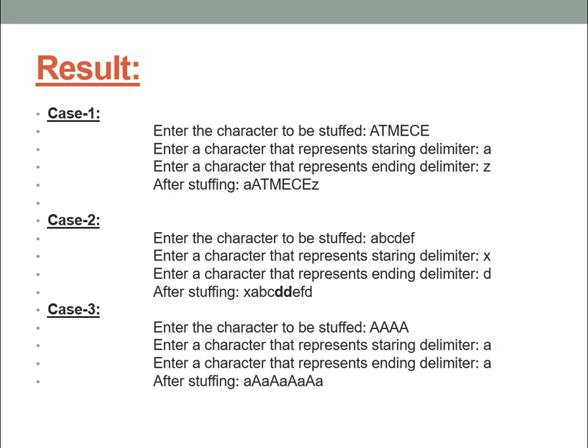So I first take a starting delimiter and concatenate it with the starting data, that is A. And again when I check this A and this A, both A are common, so I add the A. Similarly again A, again A, and finally it will check whether any other A is available. There is no other one available, so finally the ending delimiter is added.